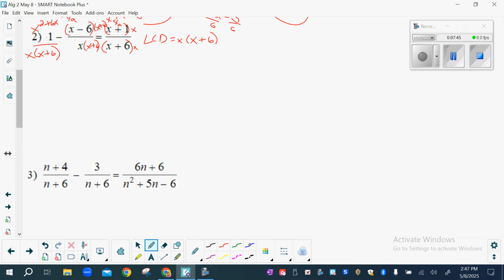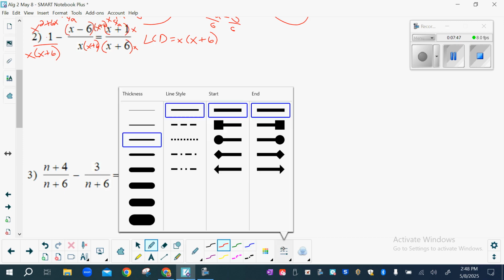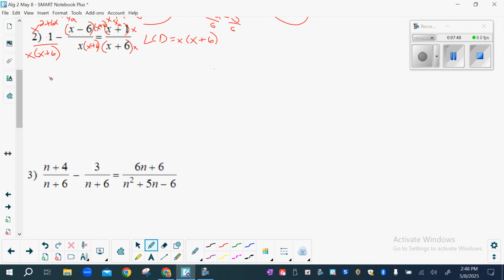So we get x squared plus 6x over x times x plus 6 minus, let's go ahead and multiply these out. This group here, what do we get when we multiply x minus 6 times x plus 6?